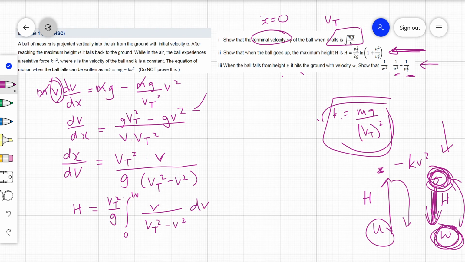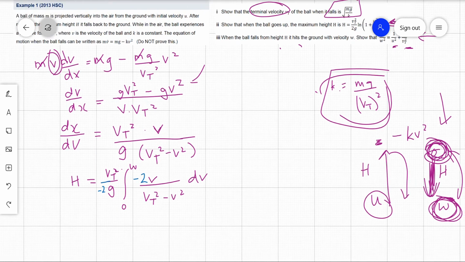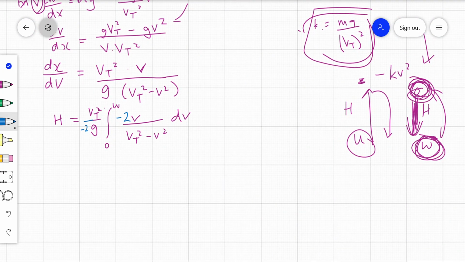Alright, so what I can do is have a look at that and go, remember you're integrating with respect to v, so I need a negative 2v on top to balance, which means I need a negative 2 under here to make that work, and then I've got a log, which is nice. So I can keep or not keep that negative and change the limits if I want, or just whatever you like to do.